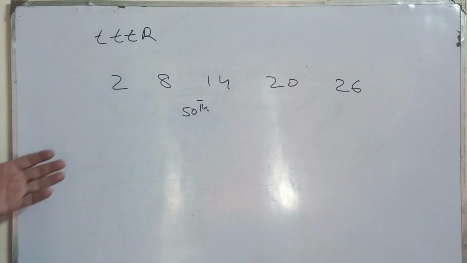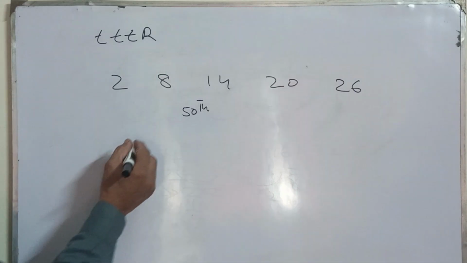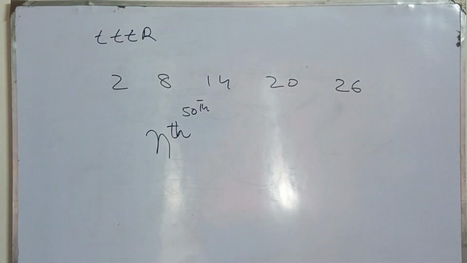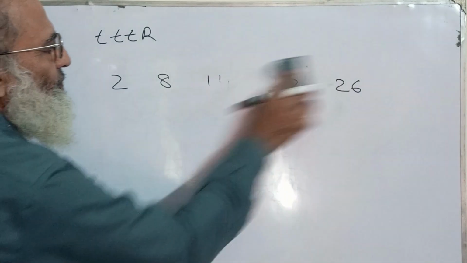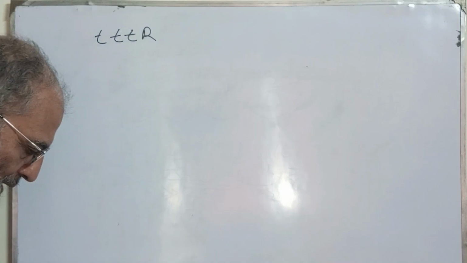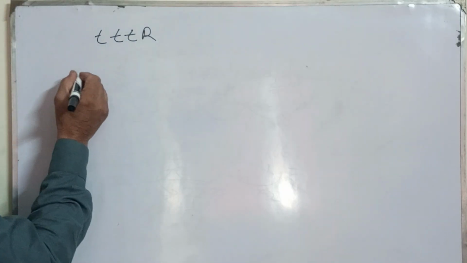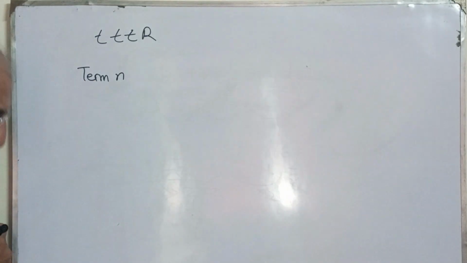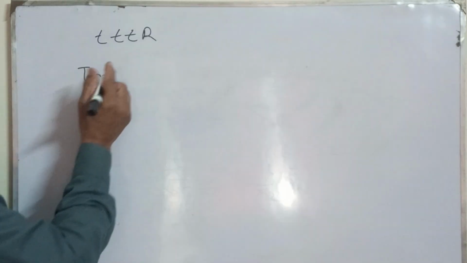We can formulate it, and that term is called the nth term. That is called the nth term. So let me formulate that nth term. Now there are terms, and there are term numbers. So let me do it with the term number.